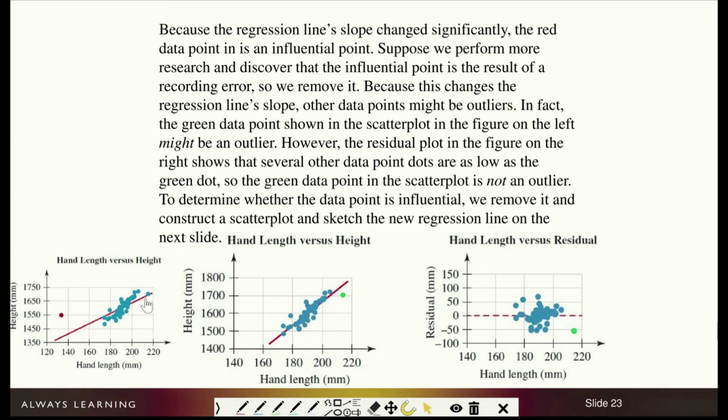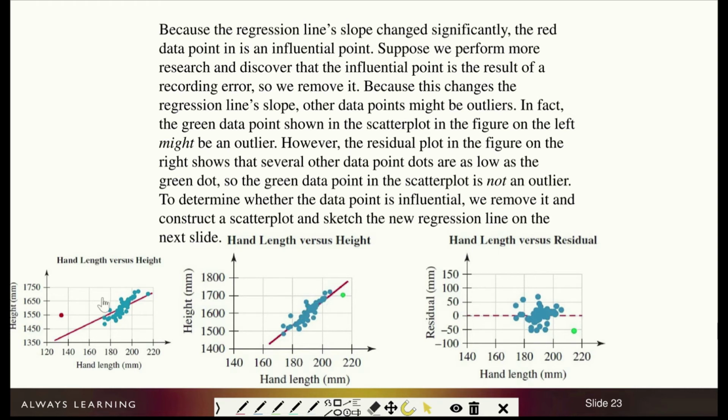Notice that the slope of the regression line changed pretty significantly, okay? This one had a much lower slope than this one, right? When that happens, you know that the point that you just took out was an influential point, right?